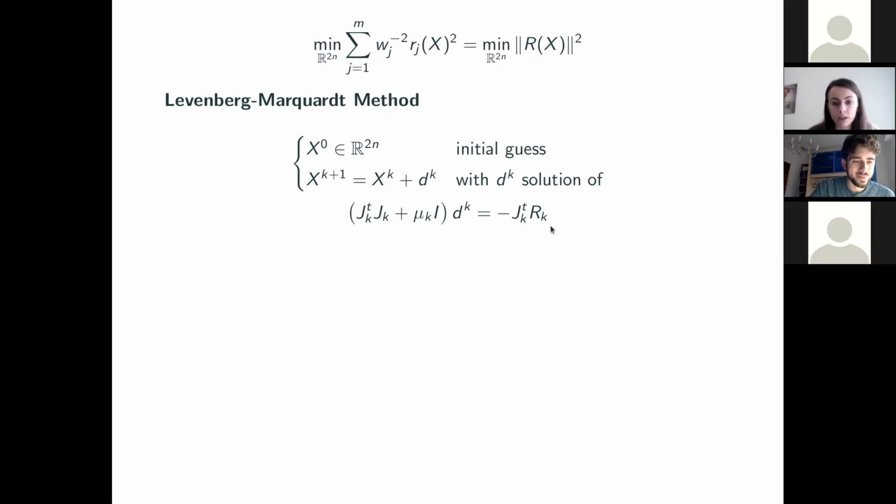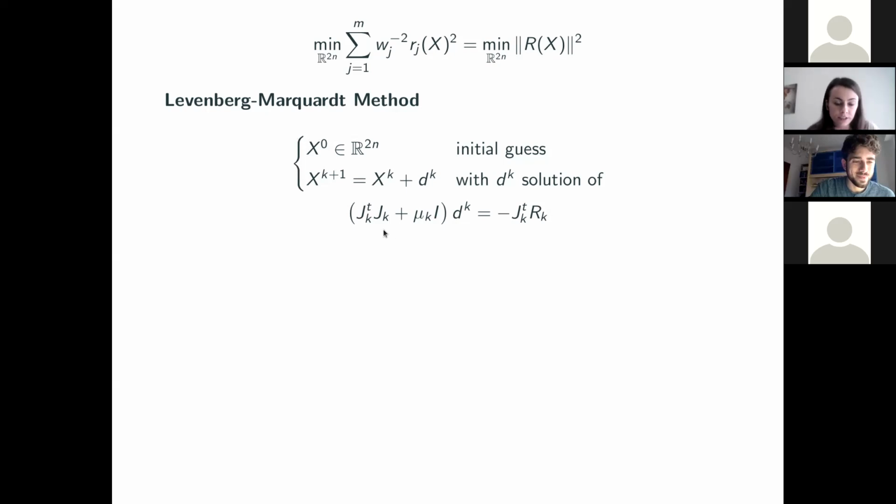Here Rk is the vector of residuals evaluated at the current point xk, Jk is the Jacobian, and this mu k is a scalar parameter that is updated somehow from iteration to iteration, but we will talk about this later.